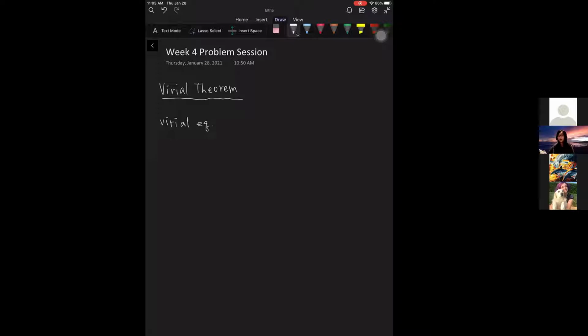So if an object is in virial equilibrium, which means that it is gravitationally bound, and if we exclude the external force in this system, then we will obtain a very simple equation: 2 times the kinetic energy plus the potential energy is 0.